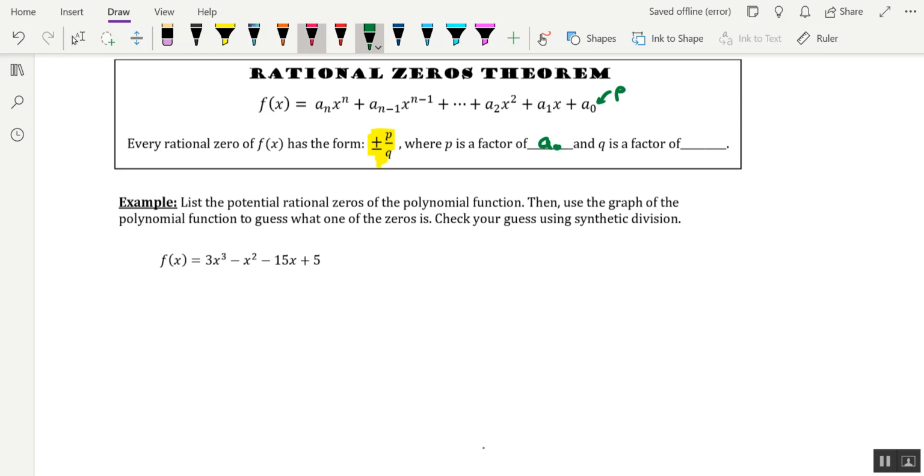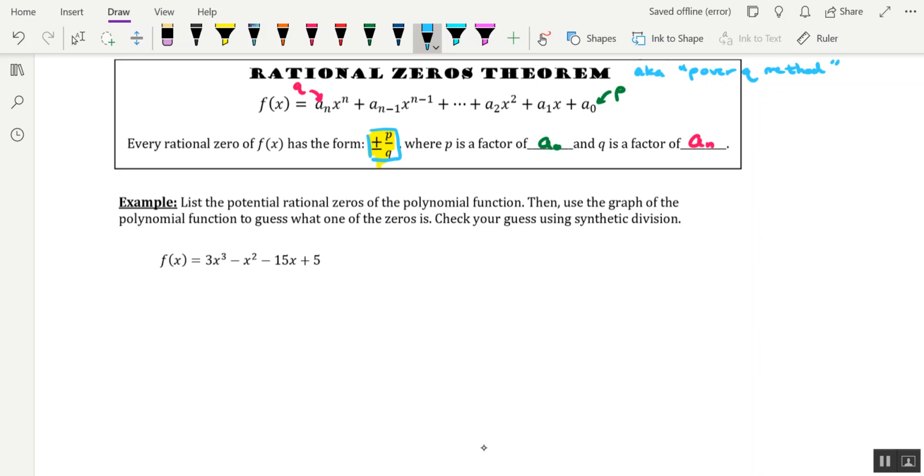And q, the denominator portion of it, is a factor of the leading coefficient a sub n. By the way, I will sometimes refer to this as the p over q method. I think it might be obvious as to why, and that's because of the format of our possible rational zeros.